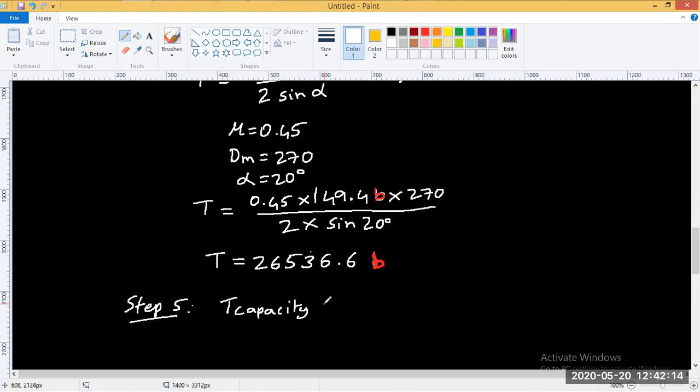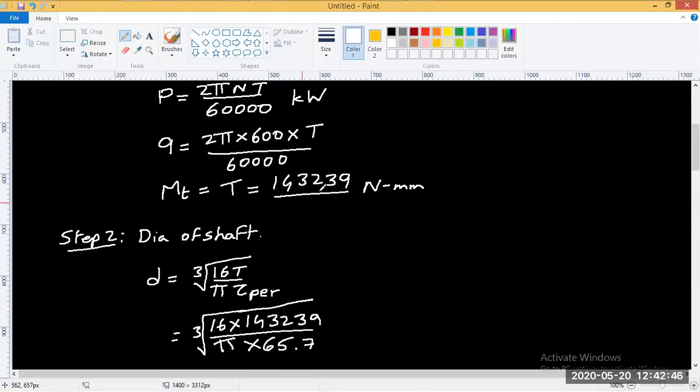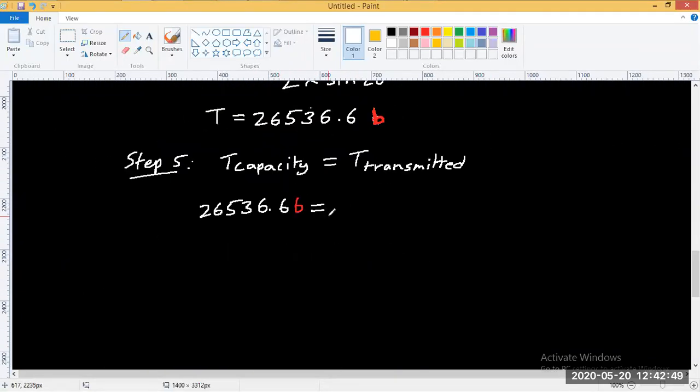This is the torque capacity we got from step 5, 2653.6 B, equal to the torque transmitted, which we take from step 1. Step 1 is 143,239. So with this we'll get the value of B here.